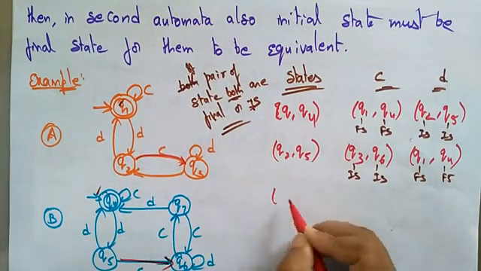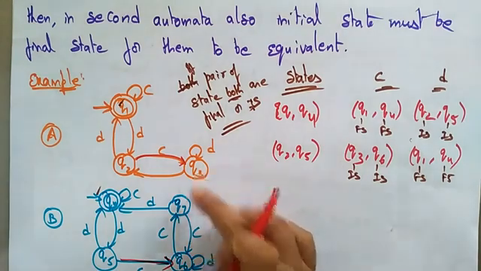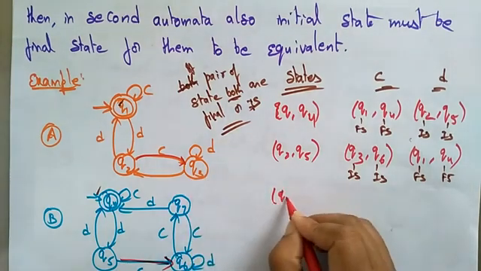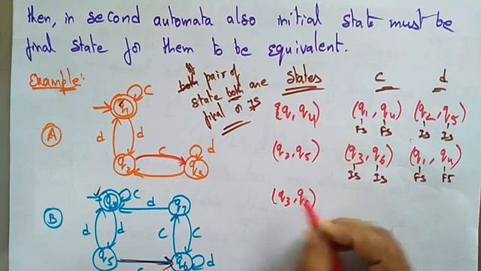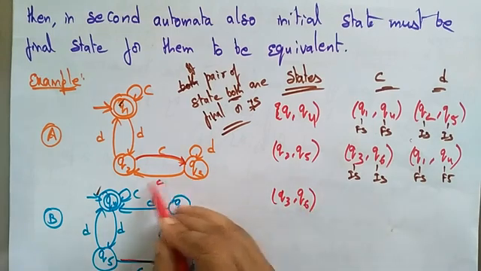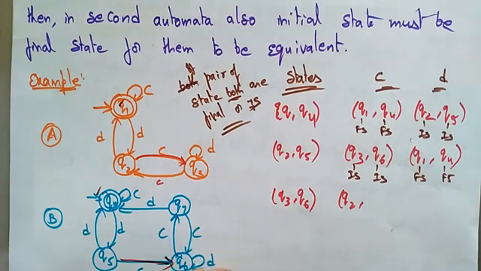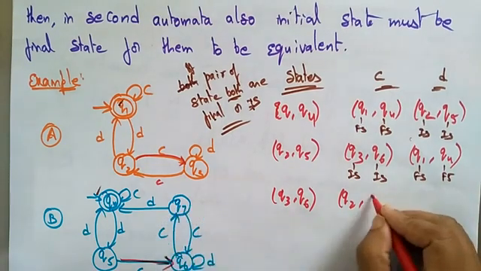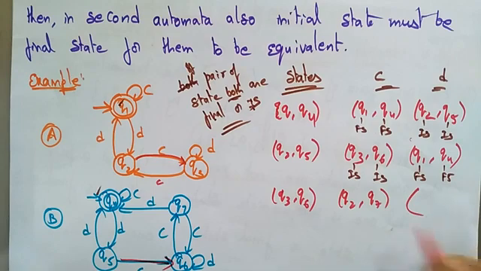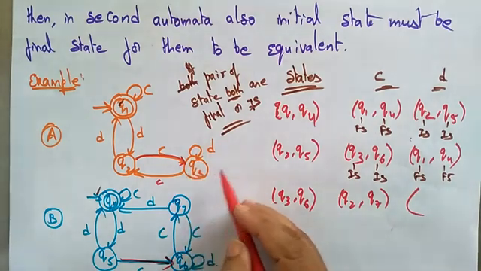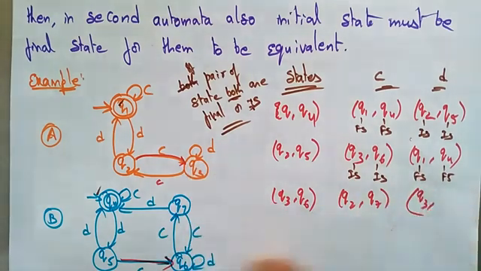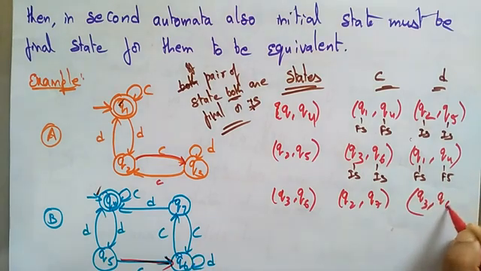Now let me take another pair. This time I am taking Q3 and Q6. Q3 on C goes to Q2, Q6 on C goes to Q7. Now coming to D, Q3 on D goes to Q3 itself, and Q6 on D goes to Q6 itself.